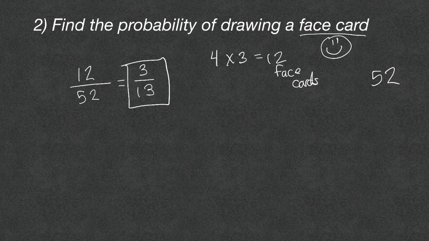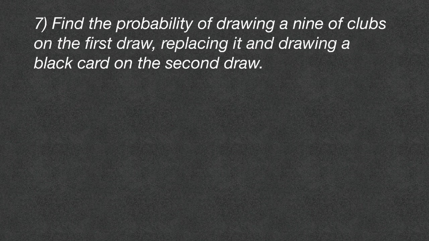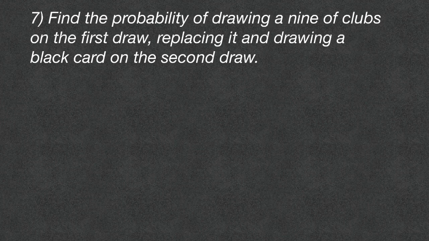Let's try one more of these. Number 7 asks us to find the probability of drawing a 9 of clubs on the first draw, replacing it, and drawing a black card on the second draw. So, a 9 of clubs, so we have 2 different draws here.